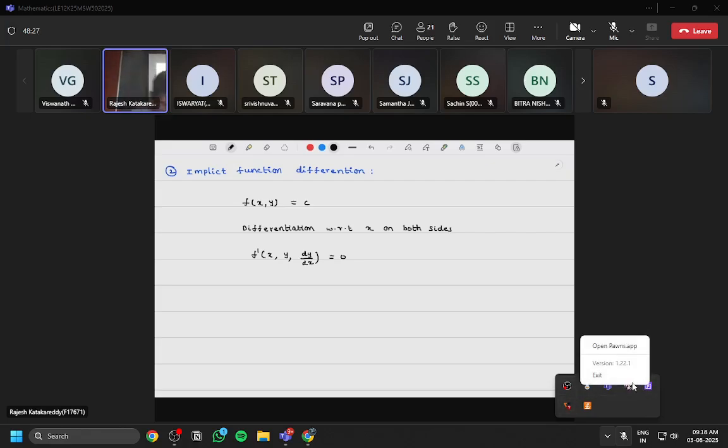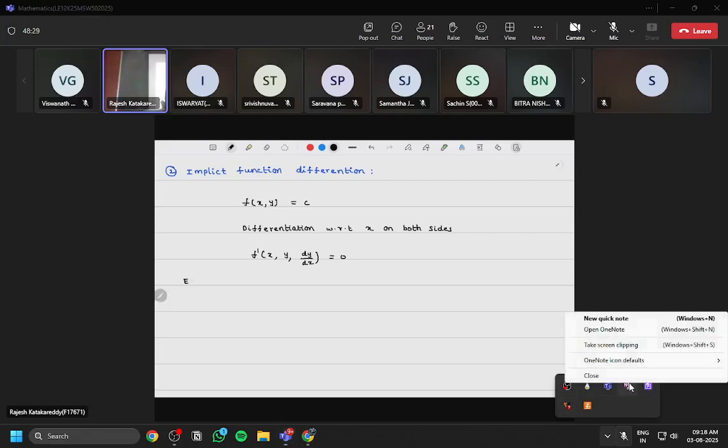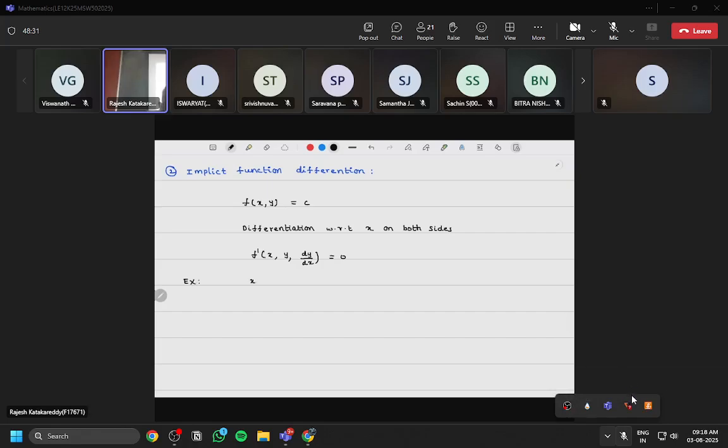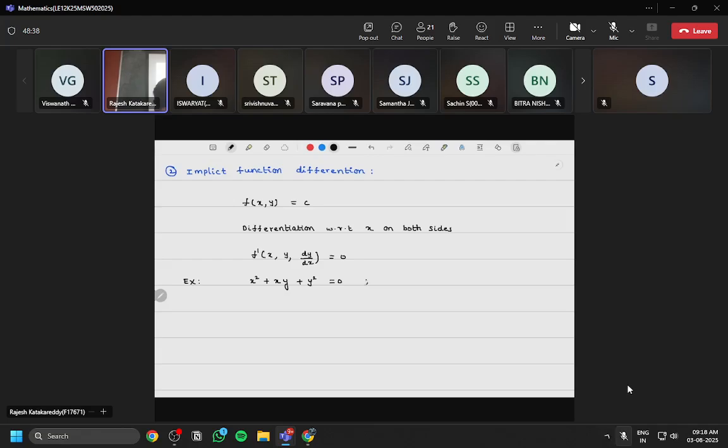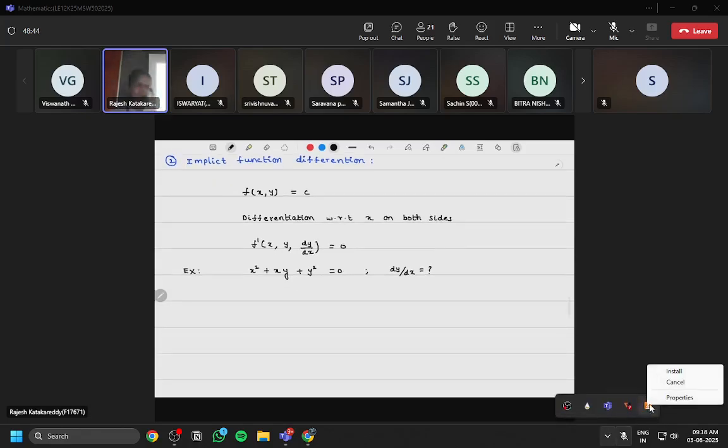Basic example, let us take one small example. x square plus xy plus y square is equal to 0. We are finding dy by dx for this. Just differentiate with respect to x on both sides.